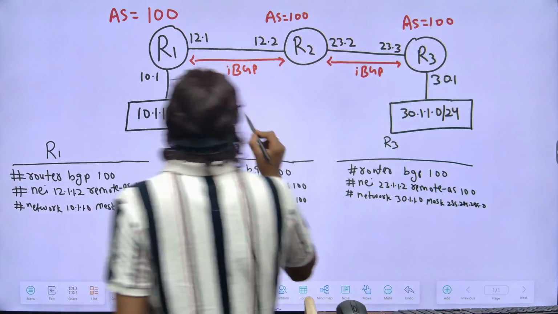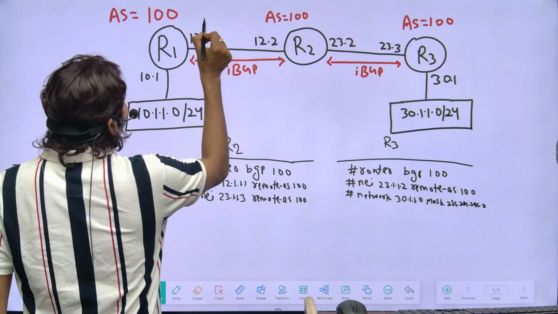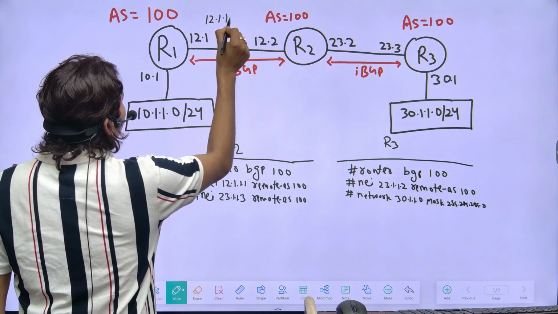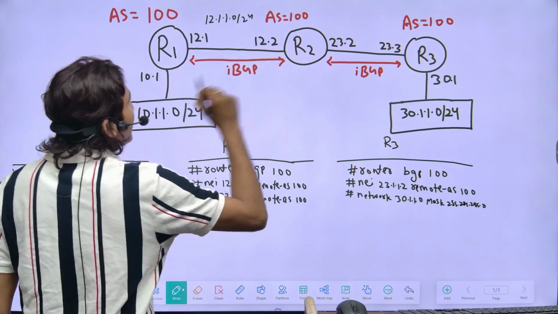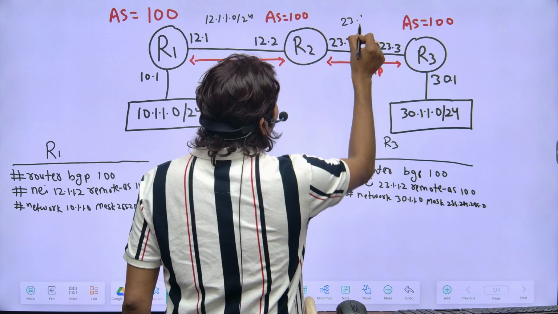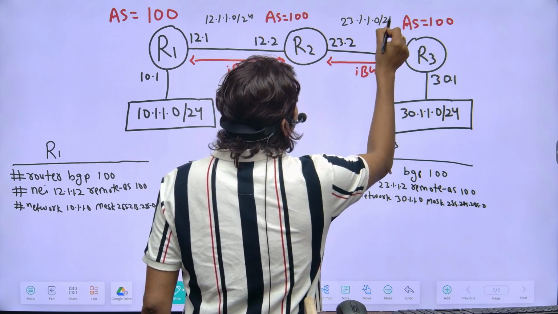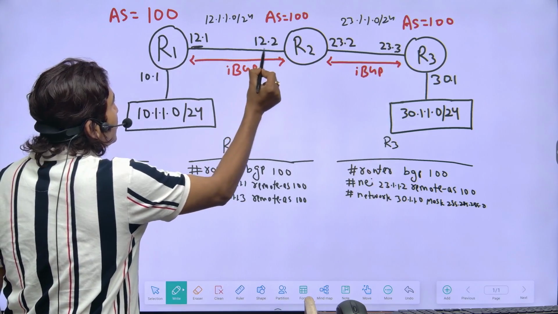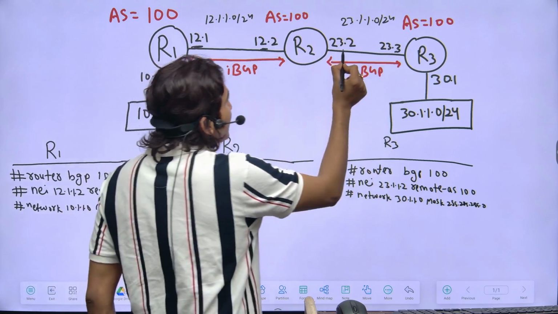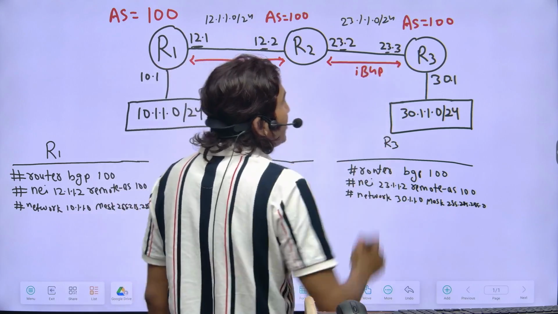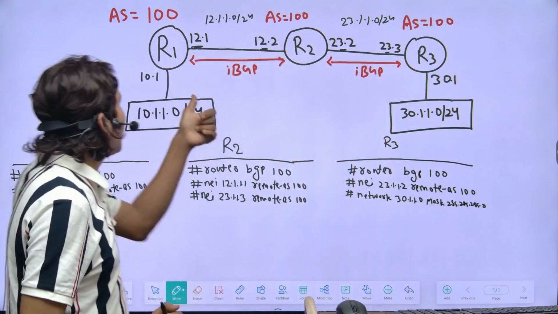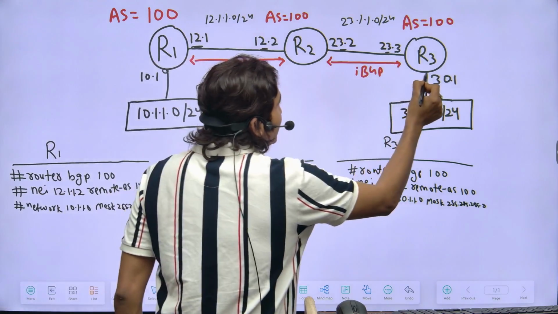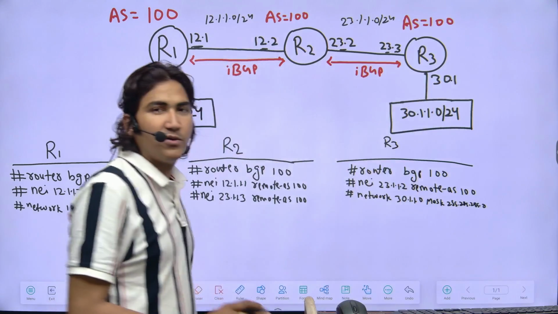Between router 2 and router 3, the subnet is 23.1.1.0/24. The IP on router 1 is 12.1, on router 2 it is 12.2, over here it is 23.2, and over here 23.3. On the LAN interface of router 1, my IP is 10.1, and on the LAN interface of router 3, my IP is 30.1.